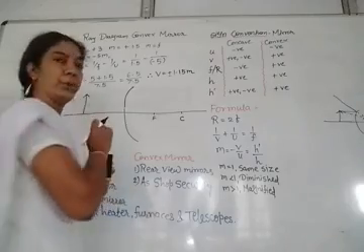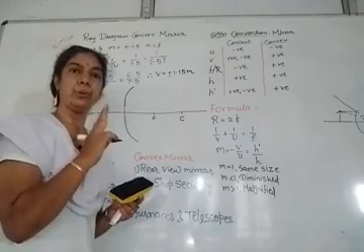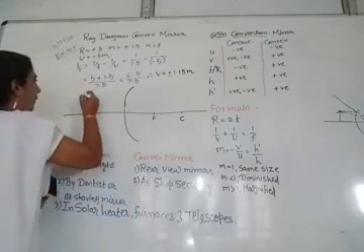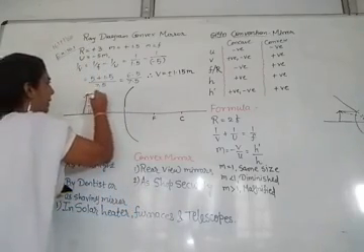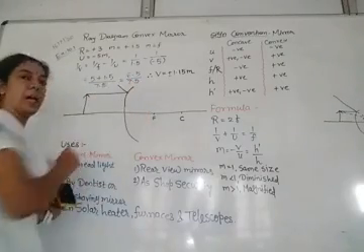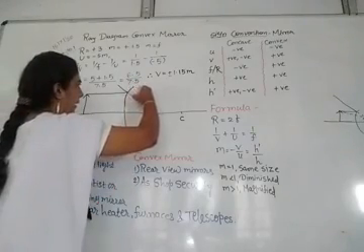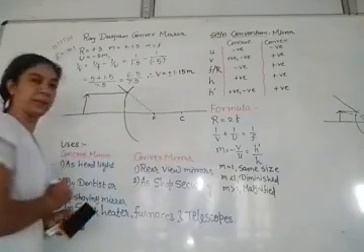Now we will draw the ray diagram, and for convenience we will take only 2 rays. One ray that is parallel to the principal axis. This will diverge after reflection, so we will extend that till the principal focus.